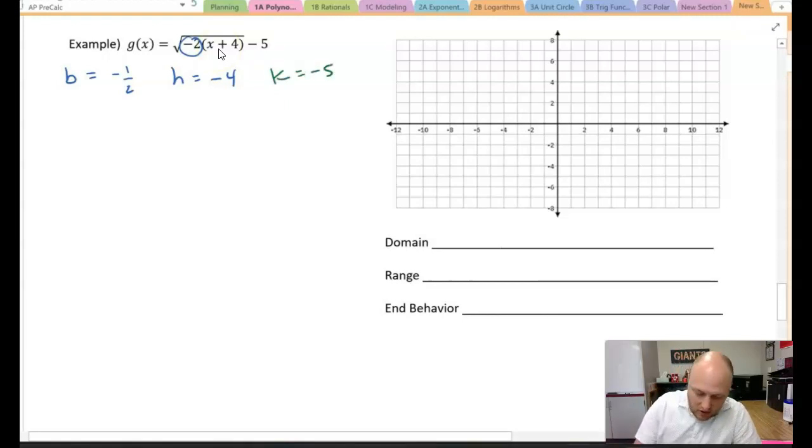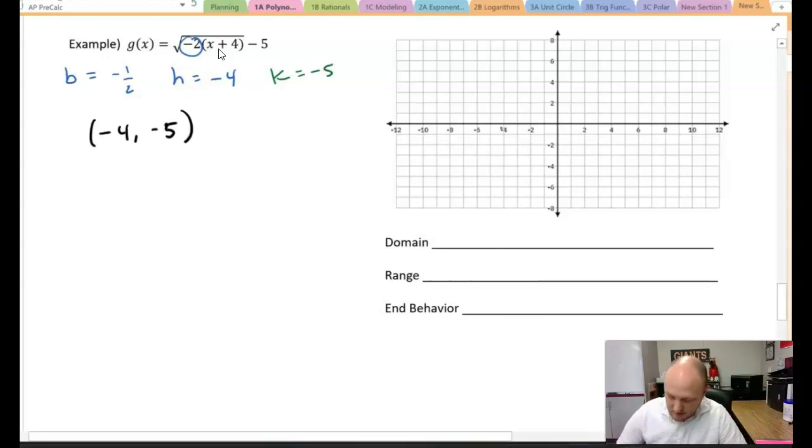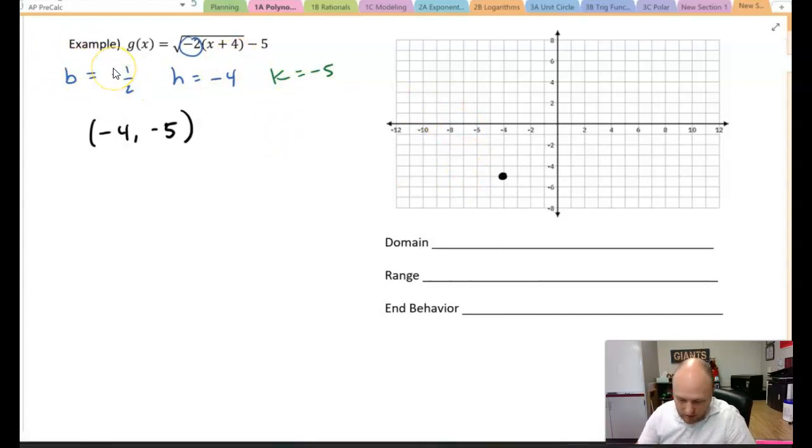Okay, so I'm going to take my anchor point, -4, -5, and we'll plot this. So -4, -5, which is right here. And then I'm going to take my key points and multiply times my b parameter.